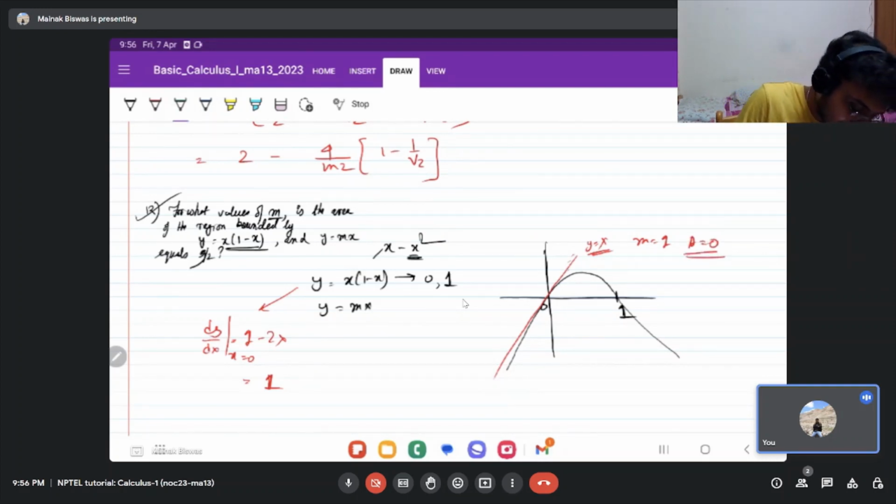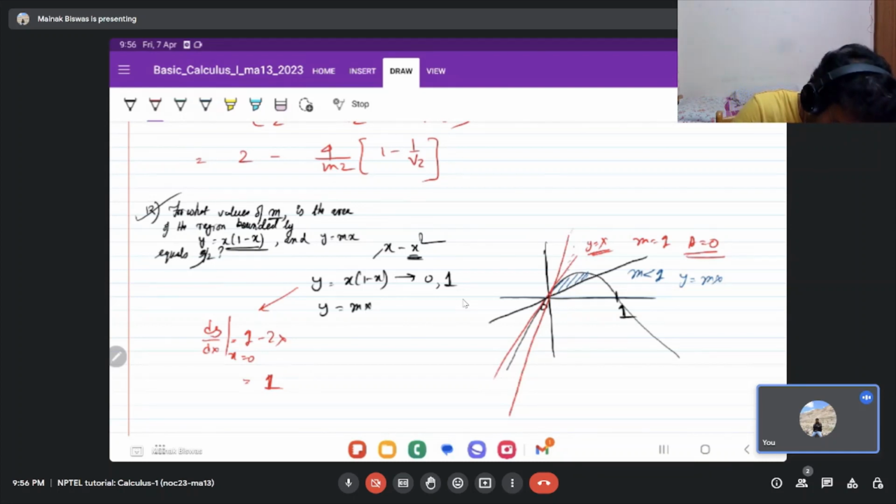But for that we have two cases. Something like this, where this is m less than 1 if y is equal to mx, right? And you have another case. Let's draw that with a red, something like this, right?